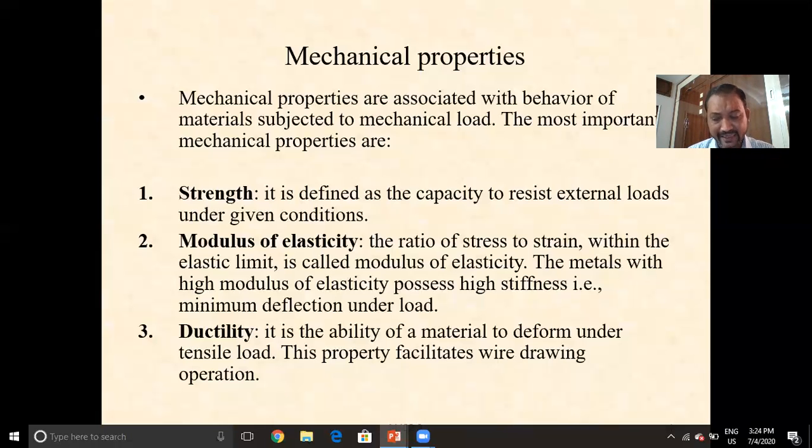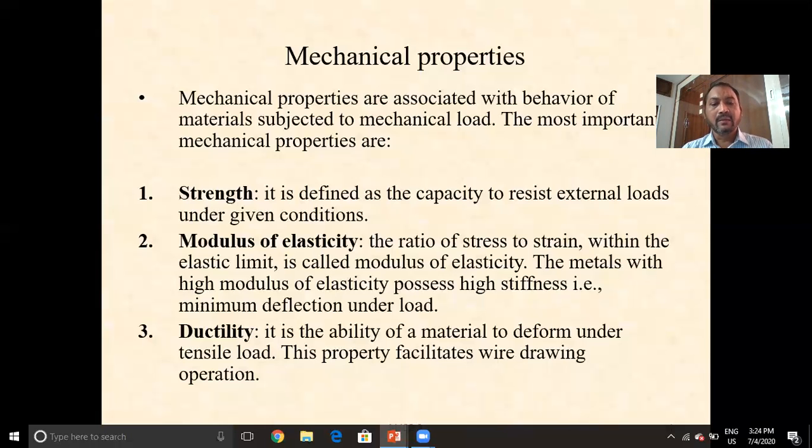A material with more ductility is suitable to be drawn into wires. Generally, mild steel is one of the most ductile materials. Therefore, nails can be made by wire drawing with mild steel material.